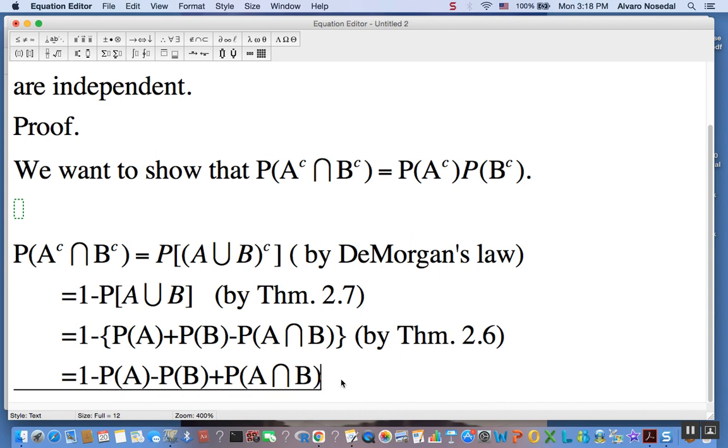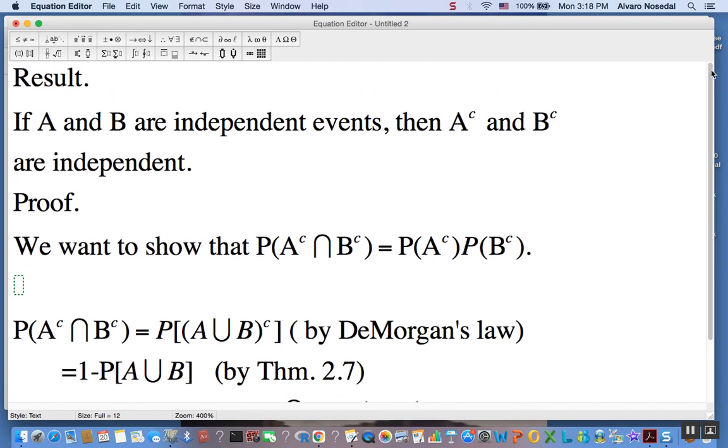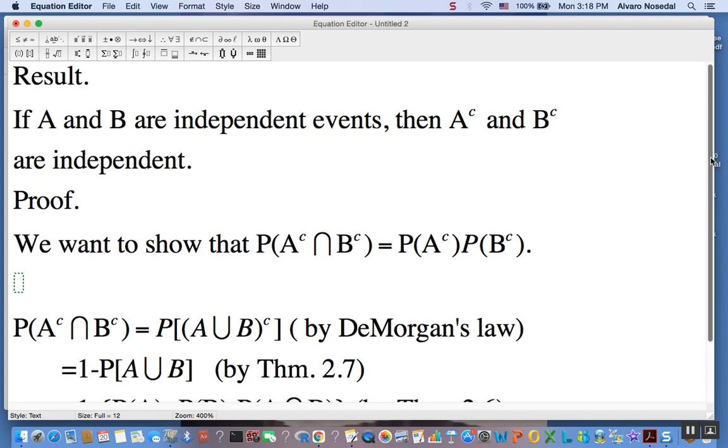Now, have you noticed that we haven't used our assumption, our hypothesis? Our mathematician friends would say that A and B are independent events. Well, guess what?